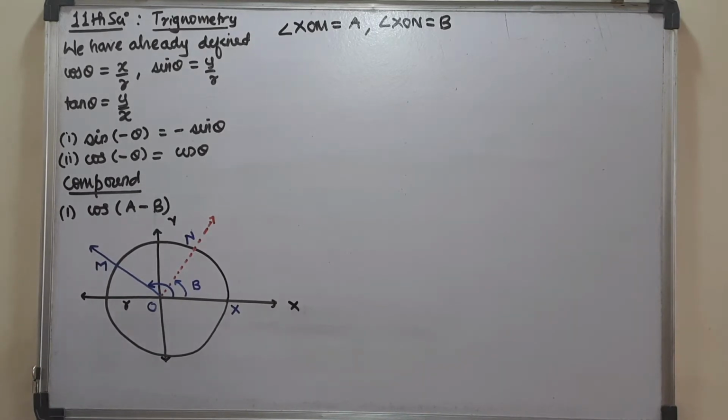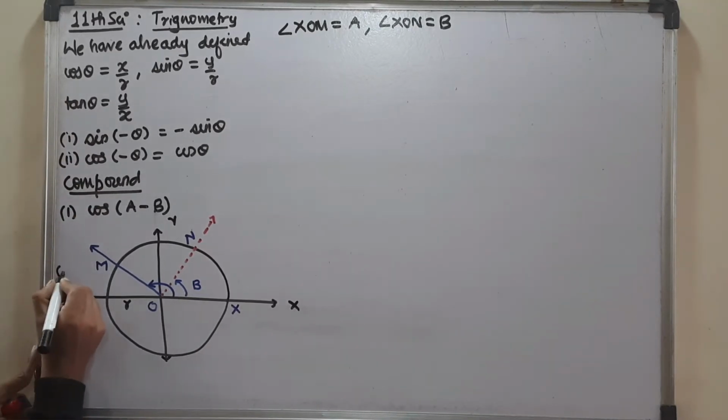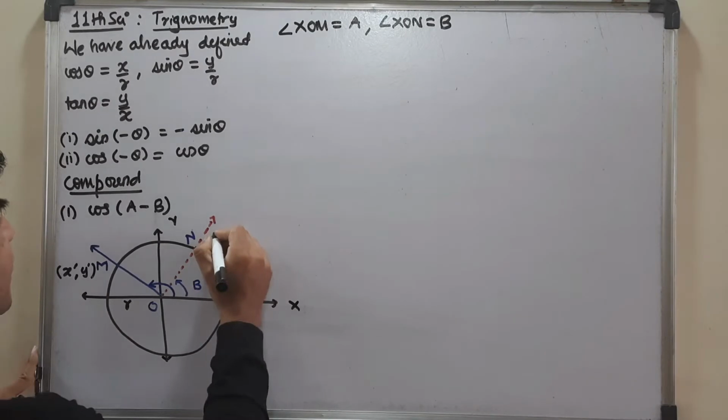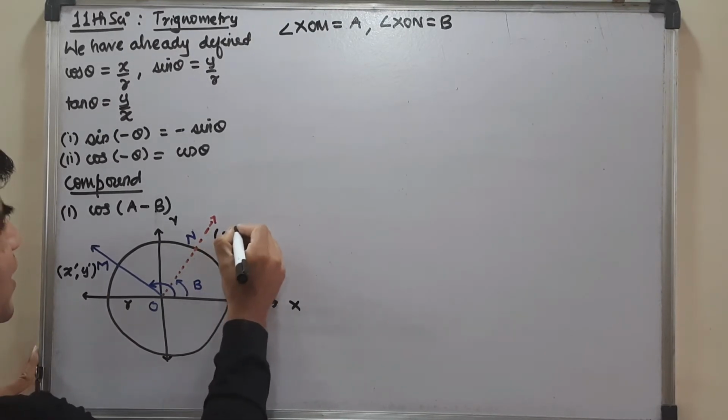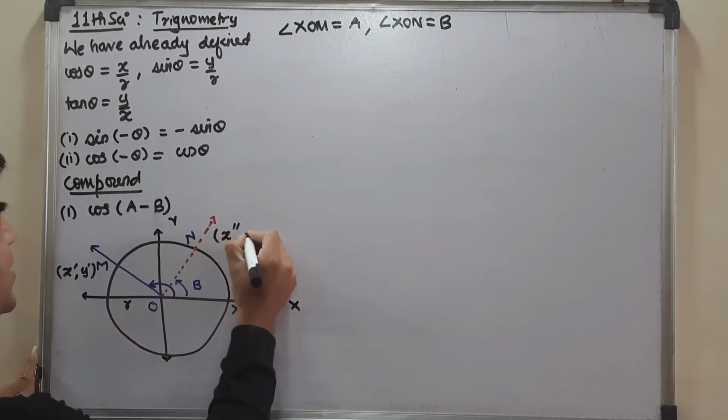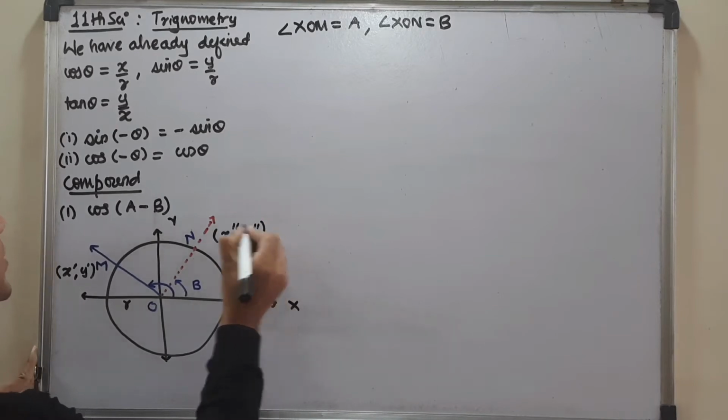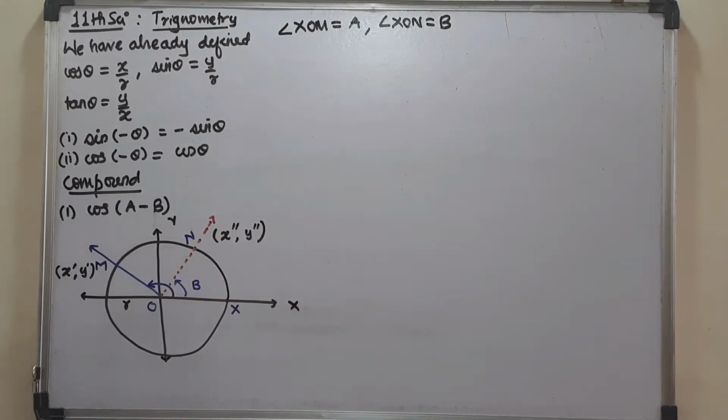Okay. So looking at here, the coordinates of M, say it is x dash, y dash, and the coordinates of N are x double dash and y double dash, right?